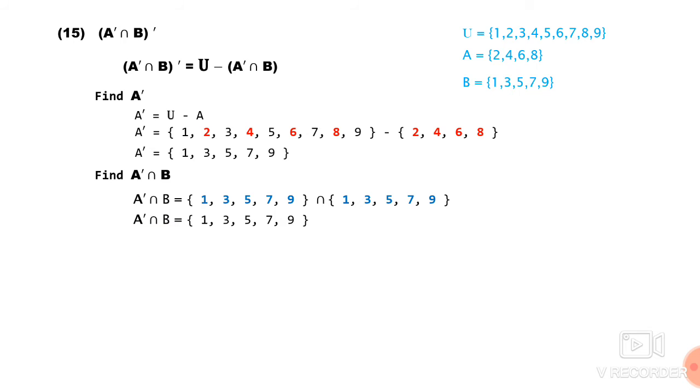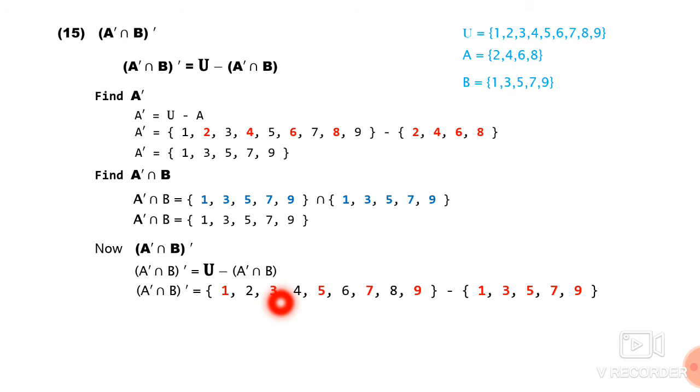Now we are finding the whole complement of A complement intersection B. So we will subtract the set A complement intersection B from universal set.